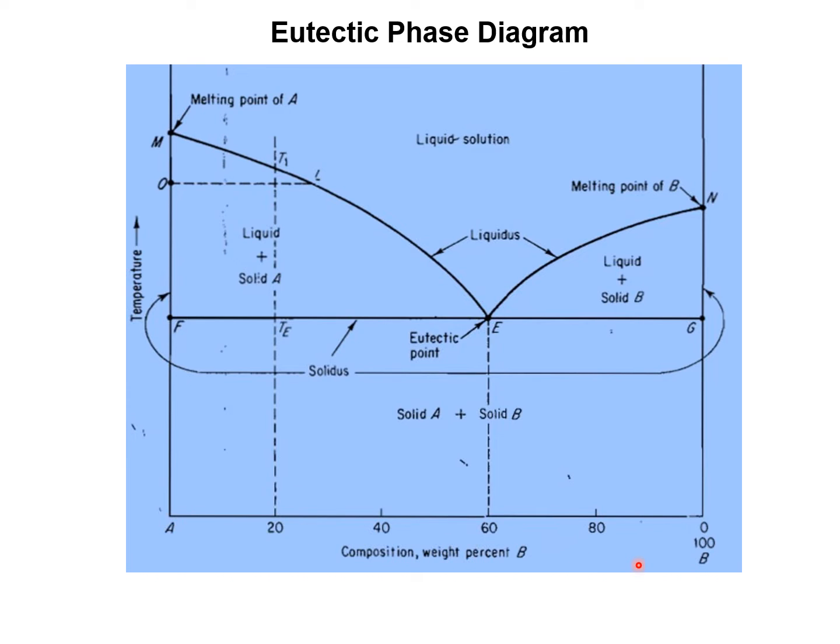I am taking 100% A, 0% B; 20% B, 80% A; 40% B, 60% A; 60% B, 80% A; 80% B, 20% A; 100% B, 0% A. The melting point of pure metal A is M, and the melting point of pure metal B is N. As I add at different compositions, the freezing point reduces, based on Raoult's law.